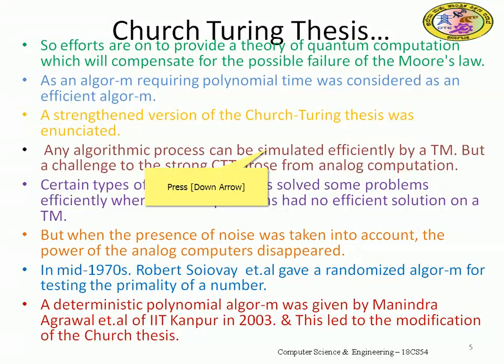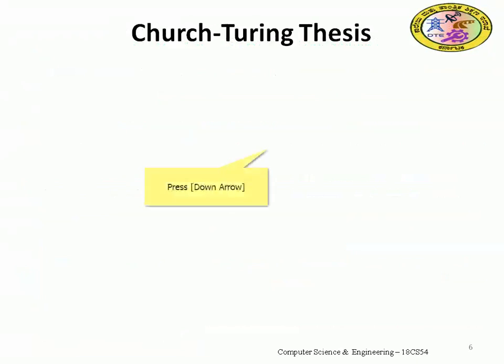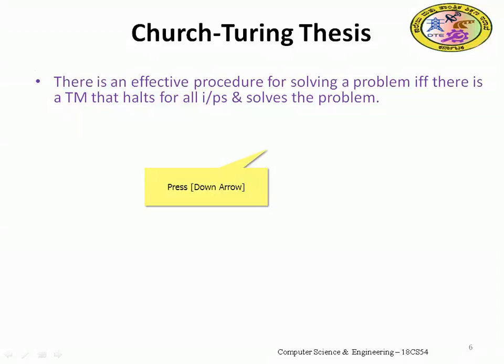This pioneered a modification of the Church thesis. This went to the extent of polishing the Church thesis. That is the effort of Manindra Agrawal and his team. The Church thesis says there is an effective procedure for solving a problem if and only if there is a Turing machine that halts for all inputs and solves the problem.